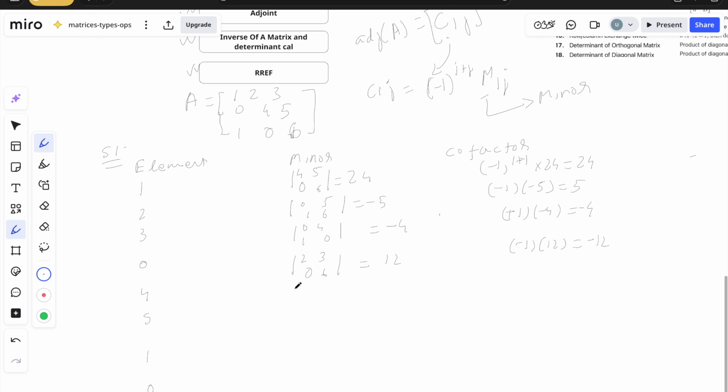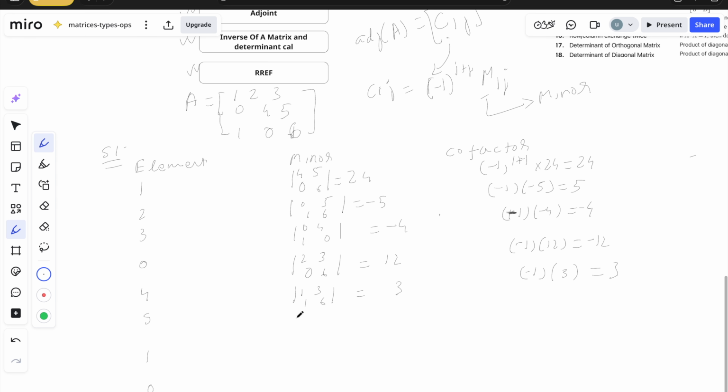And then for 4, we have 1, 3, 1, 6, which is equal to 3, and this is C22, which is plus. The sign is always minus 1 to the power of something, so this is C22, 4, this is again 3.